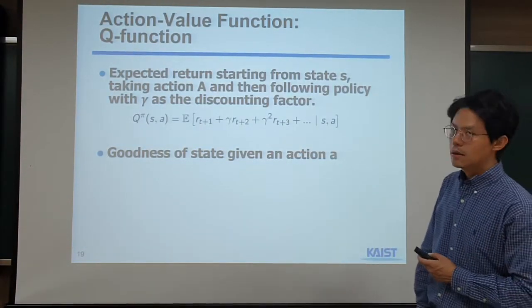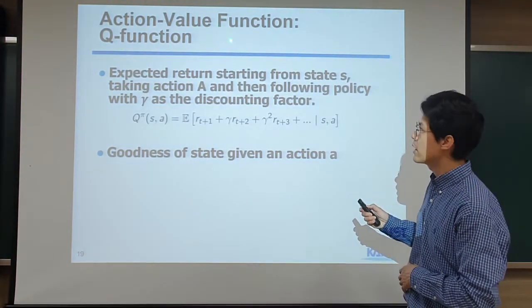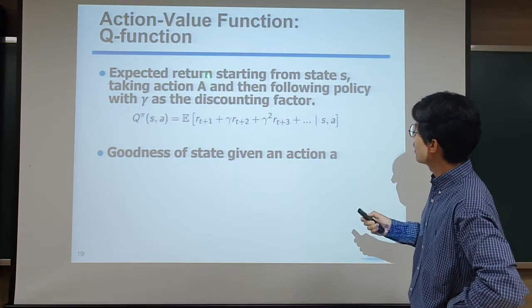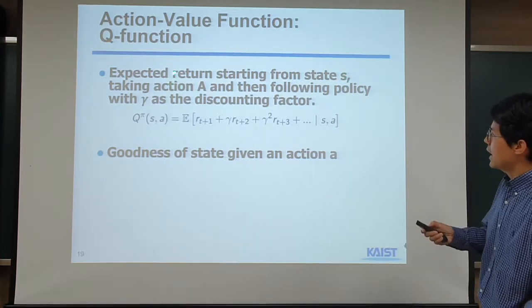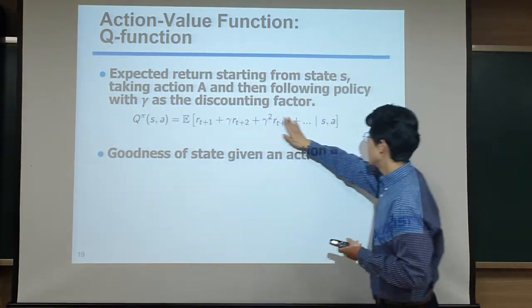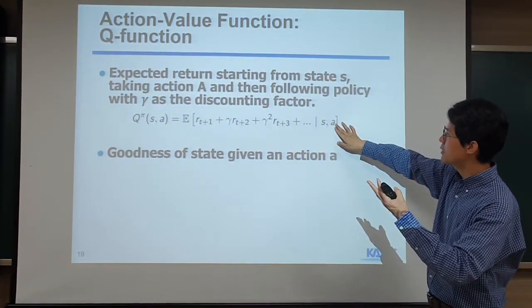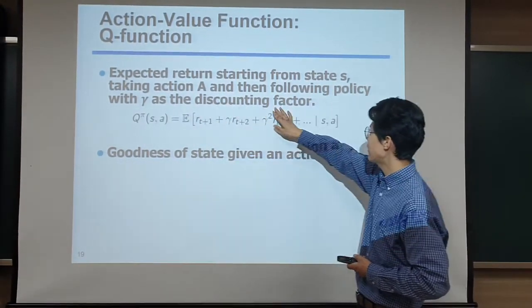And also there are a lot of cases where we are using this action value function, also known as the Q function. It's nothing but the expected return starting from the state S by taking action A, then following the given policy, with a discounting factor.